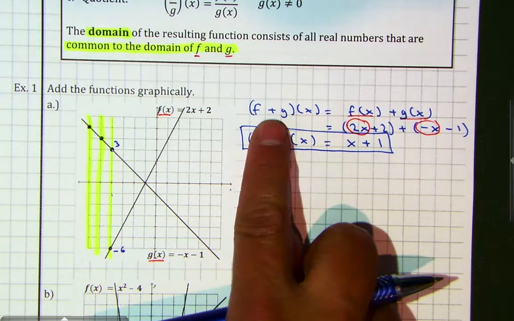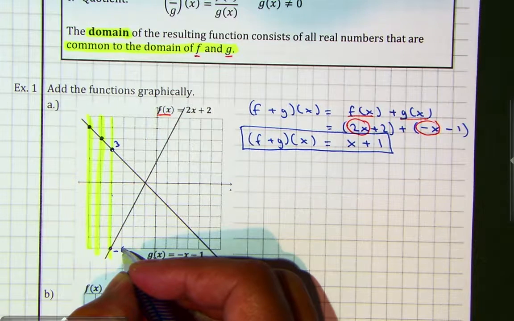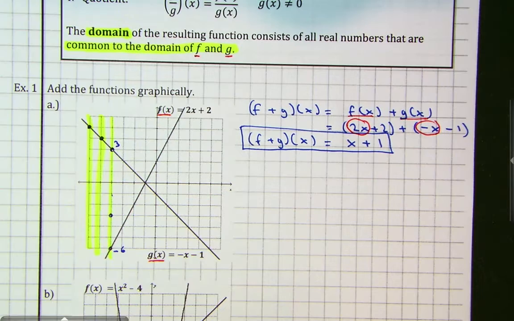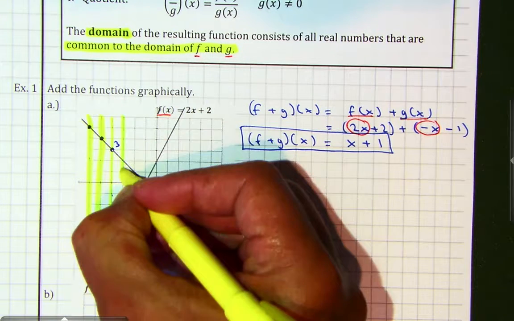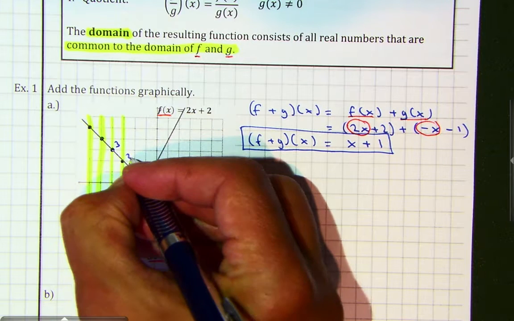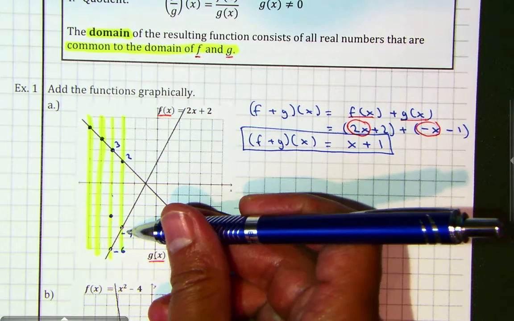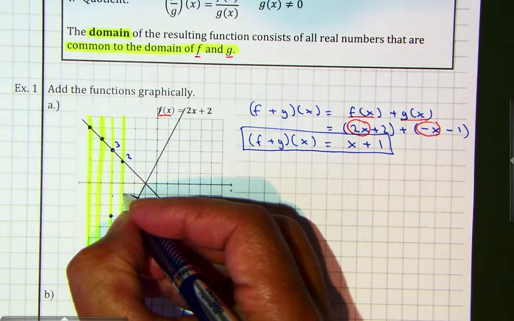And we are going to add them. So 3 plus negative 6 will give me negative 3. Now I'm going to continue with the rest of the points. I do see a point here. This is 2, and this is negative 4. So 2 plus negative 4 will be negative 2.